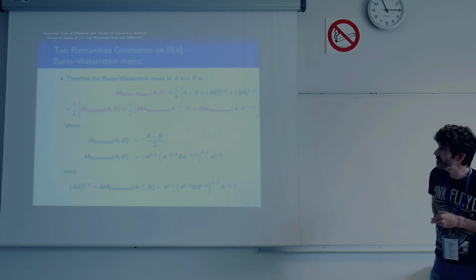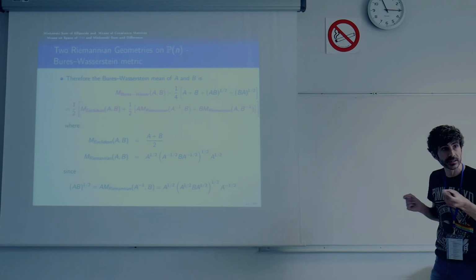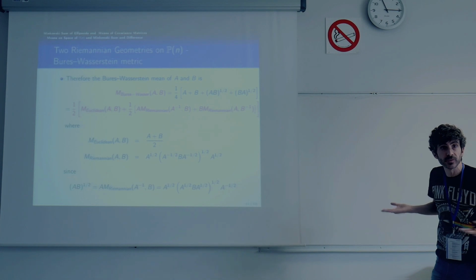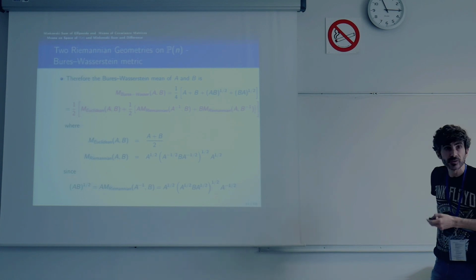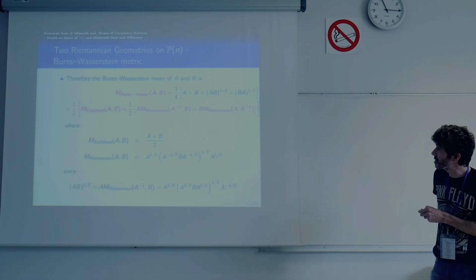In fact, it is a kind of average between the standard, let's say, Euclidean mean. So this is just the mean between the two matrices in the flat geometry, according to the Frobenius norm, which is this term which appears here, with 2.